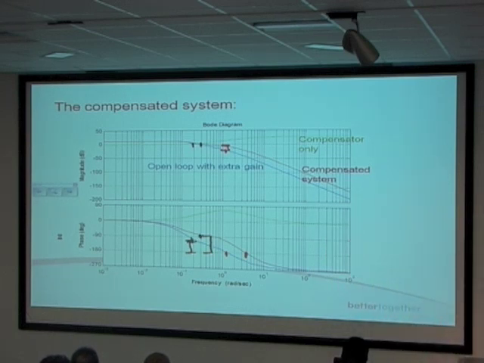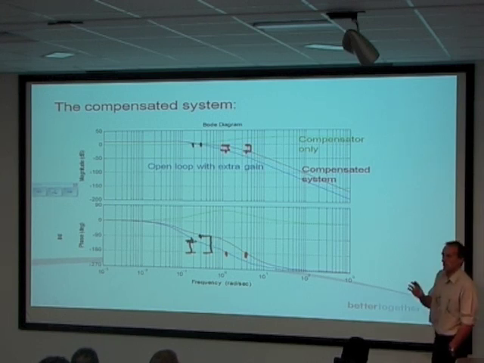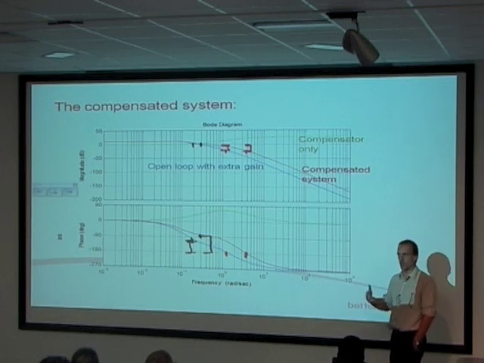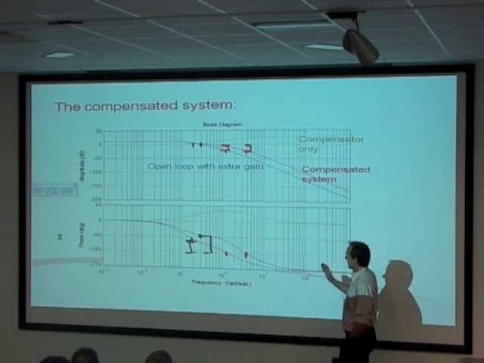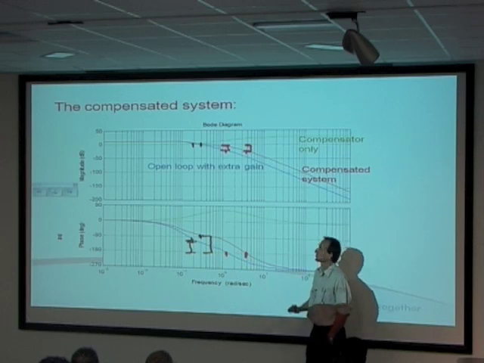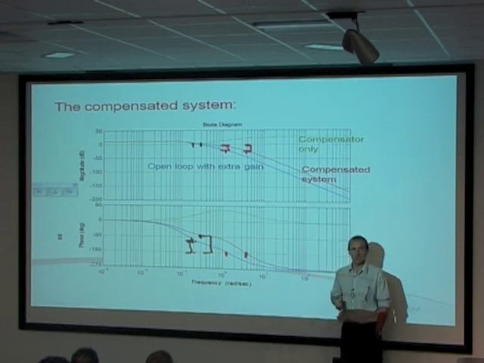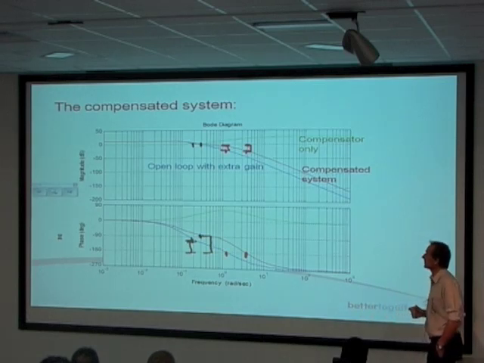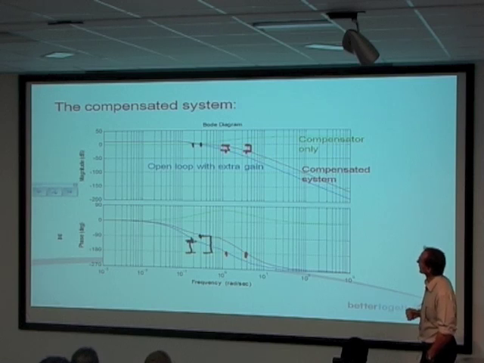So at that frequency, despite the fact we've got additional gain coming in, because of the way the compensator works, because we've managed to push this frequency up so much, my gain margin certainly hasn't got any worse, has it? And in fact, it's probably a fractionally better looking at that picture.